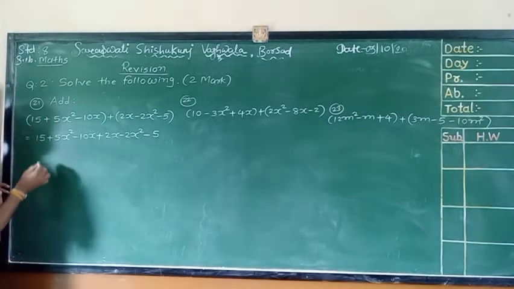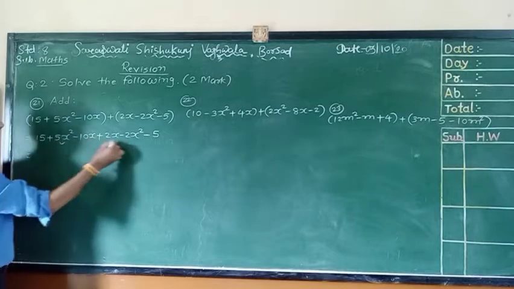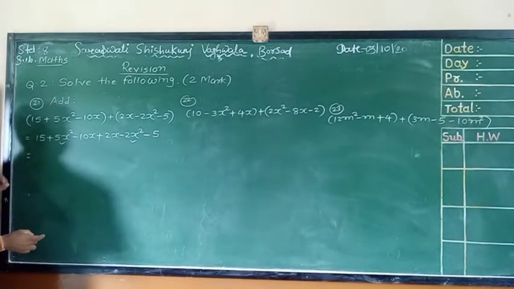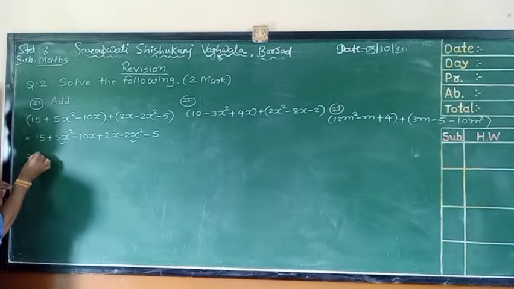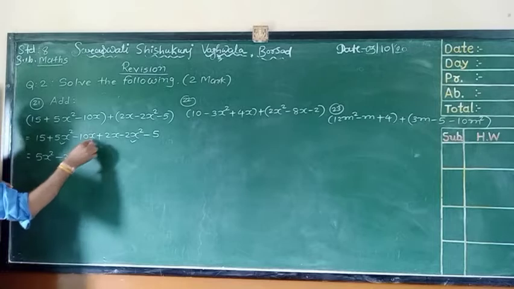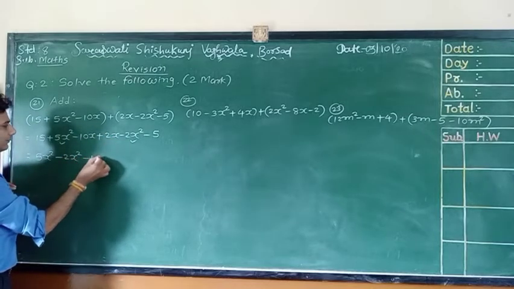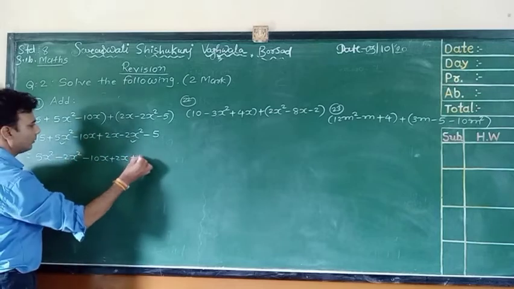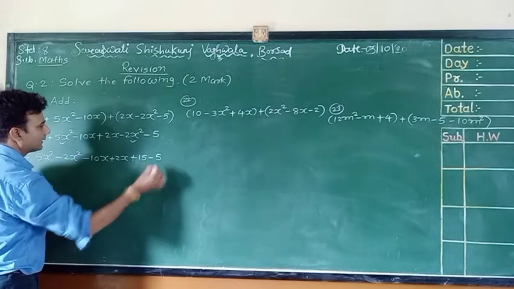Now which are like terms? X square and x square. Same variable and same power are given, that means these both are like terms. So we can write 5x square minus 2x square. x is a like term, minus 10x plus 2x, and these both constant terms we will write at last.